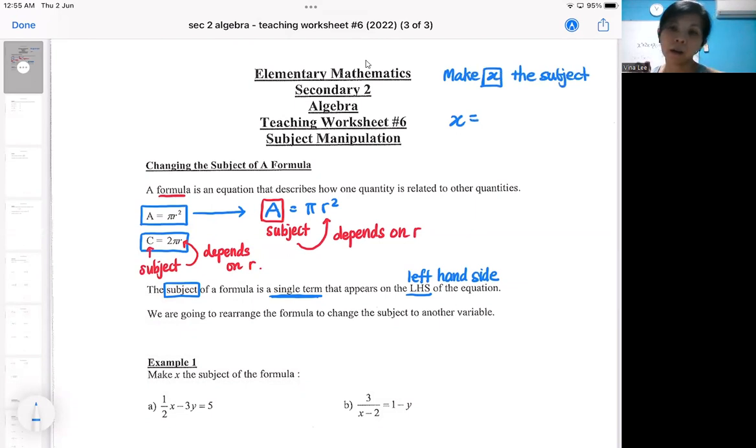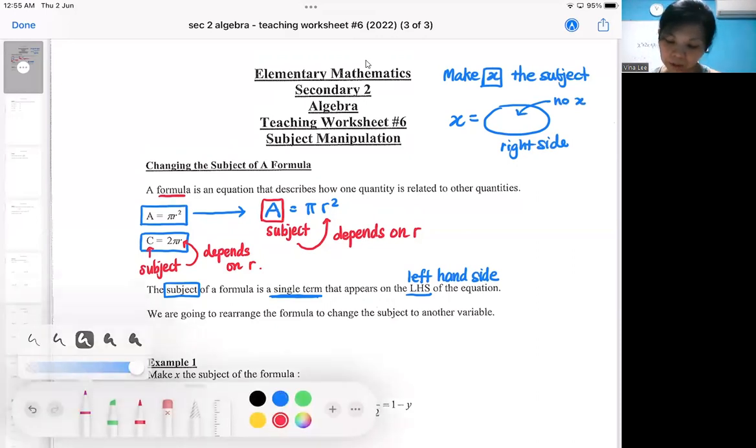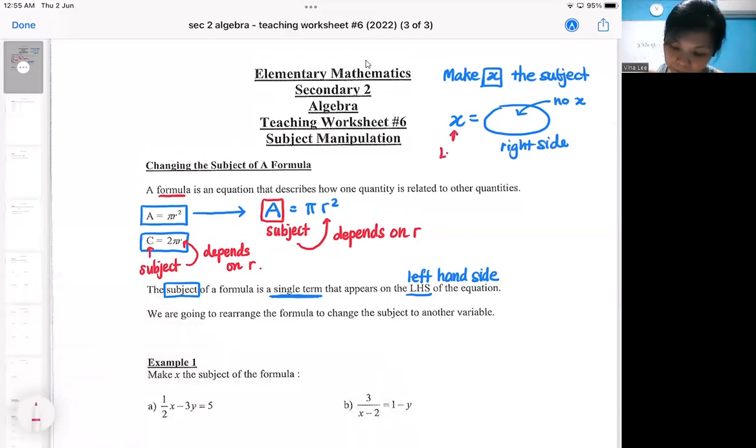It must solely be on the left side, and on the right side, you shouldn't find any X, because the subject must be found on the left side. So you must ensure that there is no X on the right side.